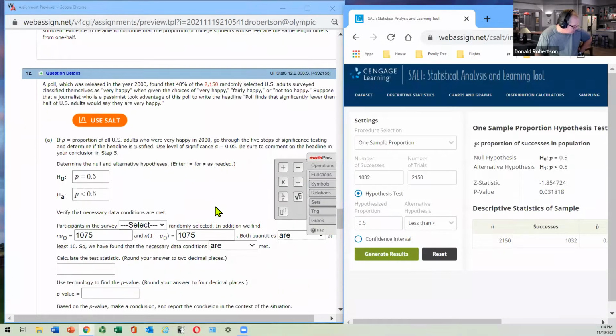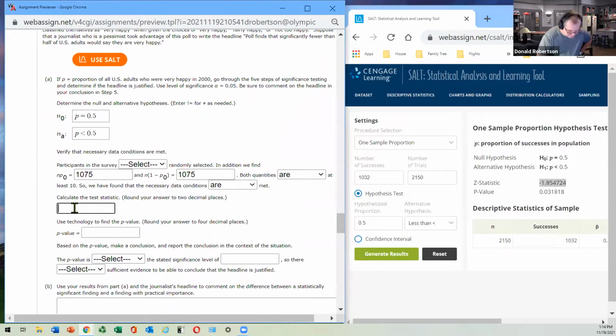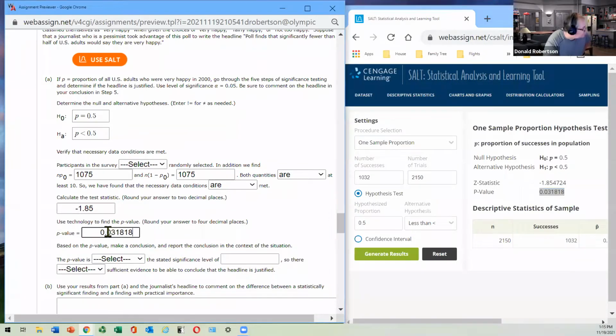And we are looking at a z-score, which is the test statistic of this fella, and to two decimal places, that's 1.85. And a p-value, just this guy. And I want this to 4 decimal places. So 1, 2, 3, that stays as an 8.